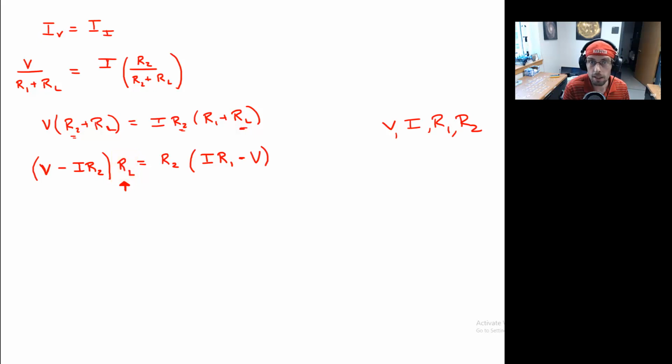So what does that mean? That means that this left side of the equation must be 0. If RL is truly independent of these other parameters that I've used for my circuit, the only way for this equation to be valid is that V minus IR2 must be equal to 0.